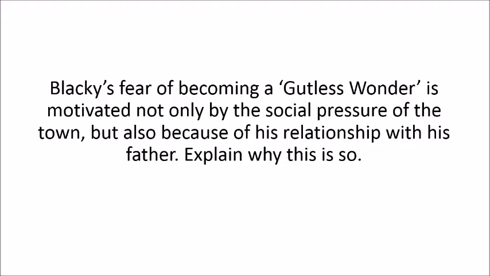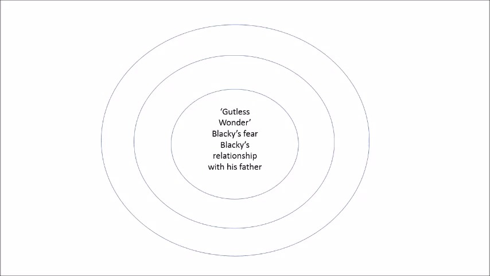In fact, most of the language here seems to be related around content. So if we take this idea of Blackie's fear of being a gutless wonder, or the term gutless wonder, the social pressure on Blackie, and also Blackie's relationship with his father, and we apply them to the master's wheel, we can see that actually all of those prompts exist in the centre circle. They're all related to content.